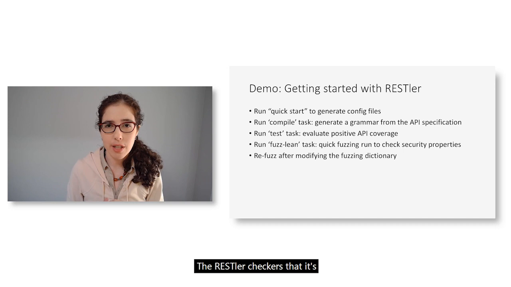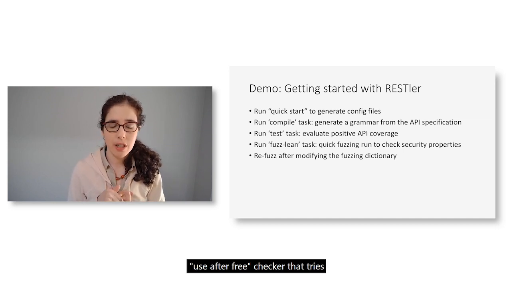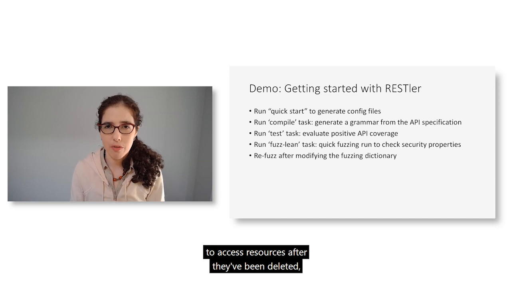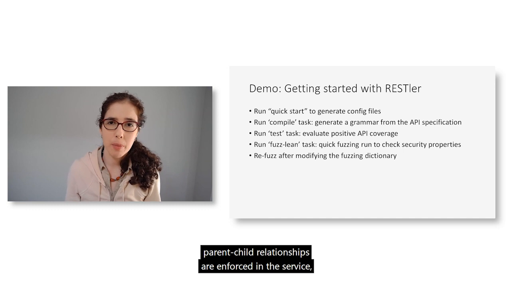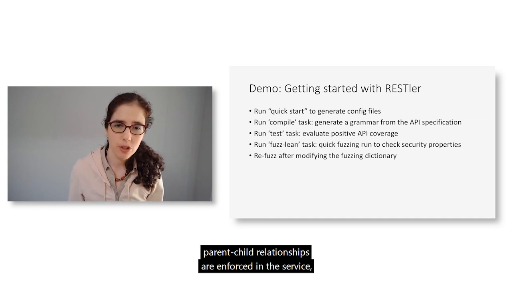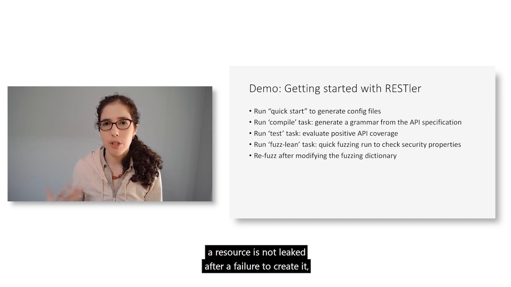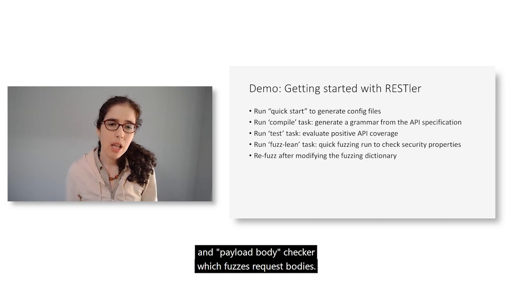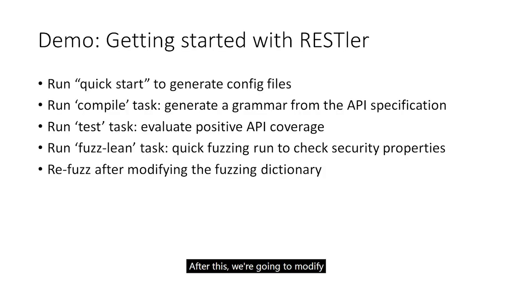The checkers it's going to run are the use after free checker that tries to access resources after they've been deleted, the resource hierarchy checker, which checks that parent-child relationships are enforced in the service, the leakage rule checker, which checks that a resource is not leaked after a failure to create it, and a payload body checker, which fuzzes request bodies. After this, we're going to modify the fuzzing dictionary and then refuzz and see what that looks like.